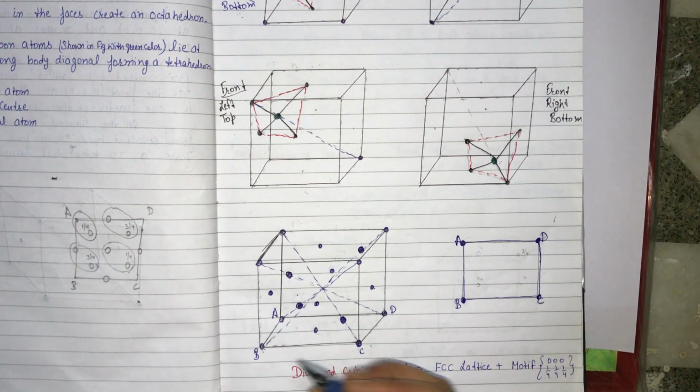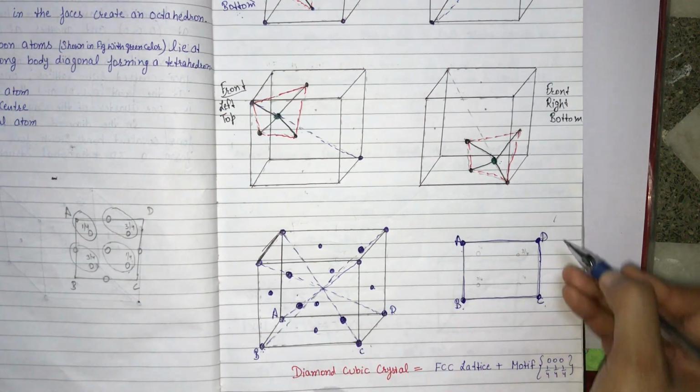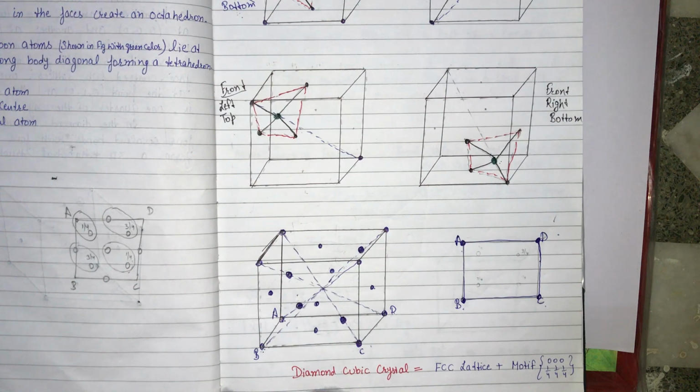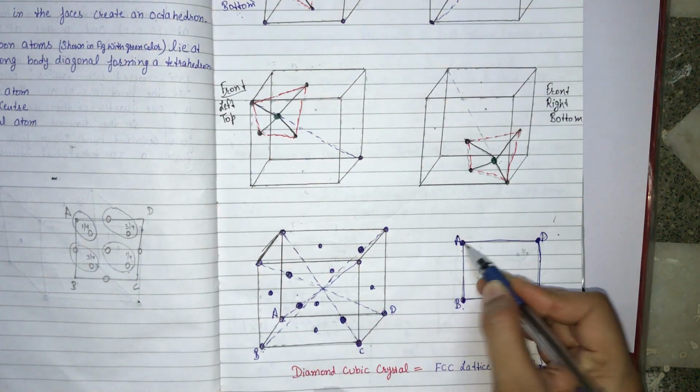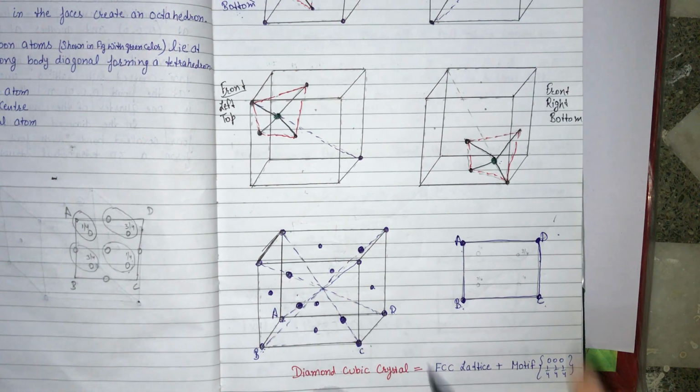Here, I have chosen this bottom face which is A, B, C, D. And carbon atoms are located at the corner points and also at the face center. For face center, let's mark the projection.